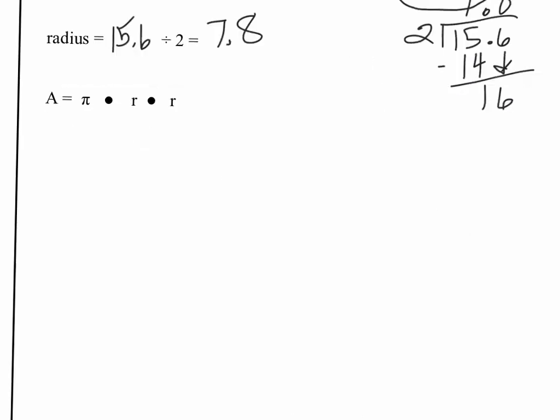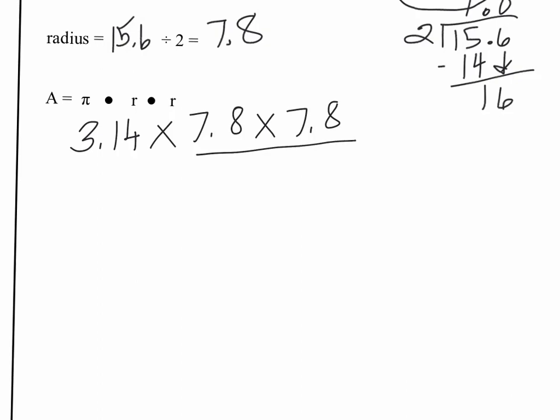So now we take the formula, which is area equals pi times the radius times the radius. Pi, we use 3.14 times 7.8 times 7.8. Multiply the 7.8 times the 7.8 first.